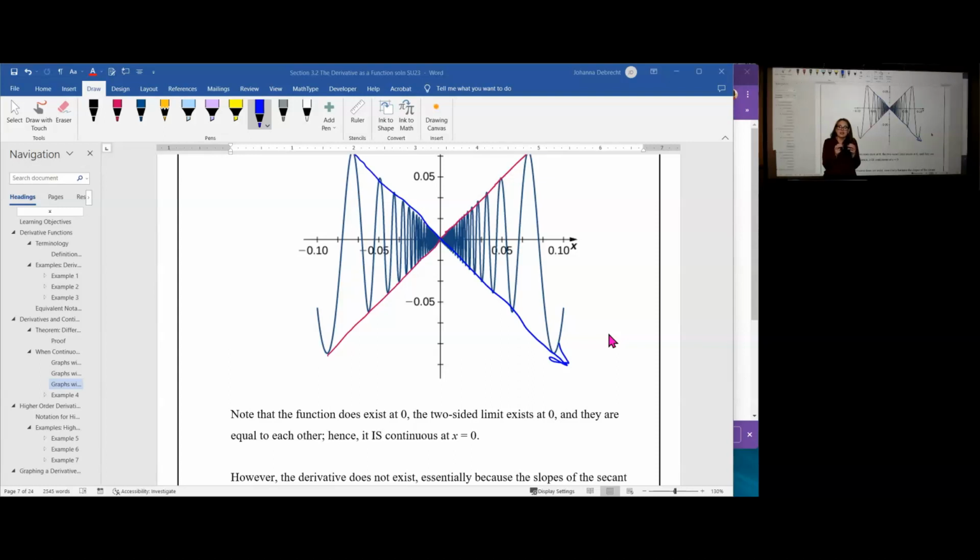The oscillation barely to the left and barely to the right of the origin are happening so rapidly that the slopes of the secant lines are changing very rapidly. Small amounts apart, but still not the same. There's no limit that exists there. And that means it's not differentiable due to oscillation. If you can't draw one unique tangent line at the point, then the derivative does not exist.